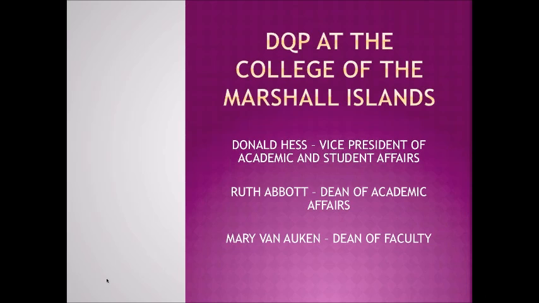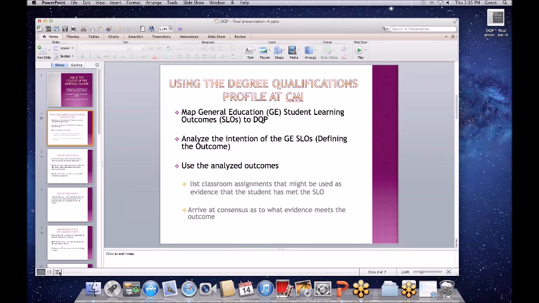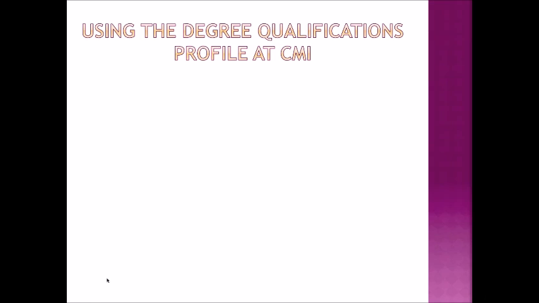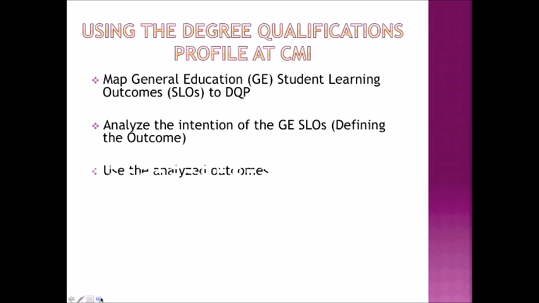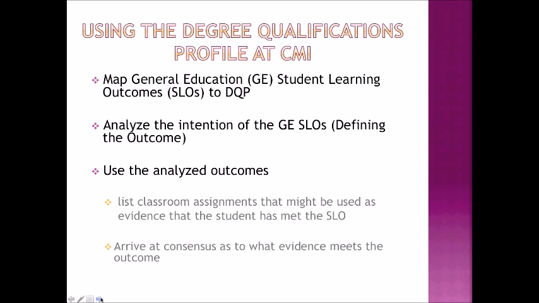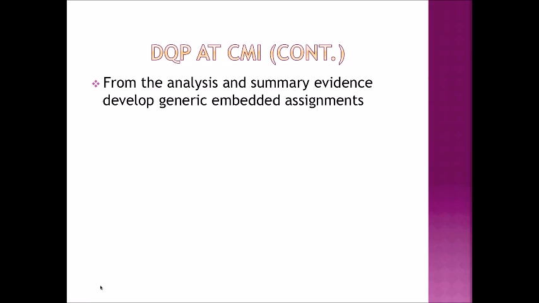We then took the analyzed outcomes and gathered all the classroom assignments that might potentially be used as evidence that the student has met the SLO, and we arrived at a consensus as to what kind of evidence meets the outcome. From the analysis and summary evidence that was developed, we developed a generic description of embedded assignments.